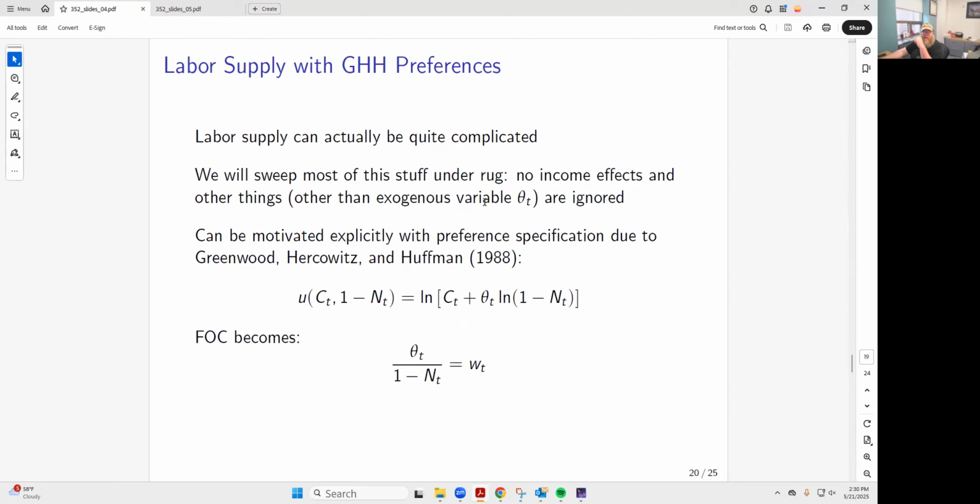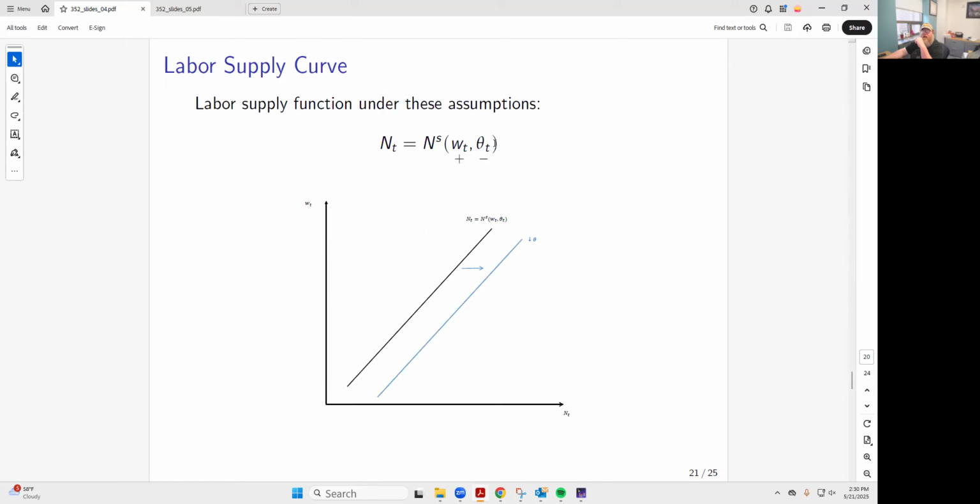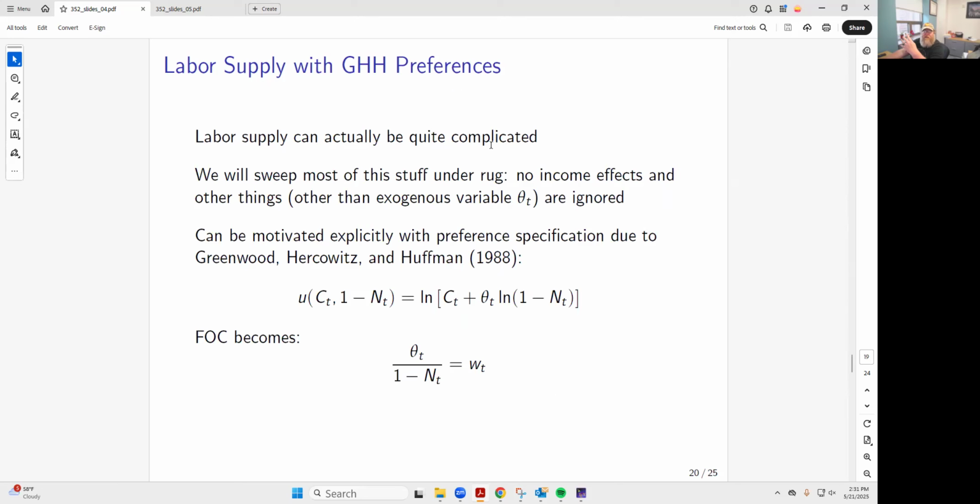And then the idea here is just that we have this exogenous theta, and the theta shows up because there's just going to be some non-labor market factor that's going to affect labor supply. Okay. And so we will ignore most of the other complications, but we will allow there to be this theta_t, and the theta_t shows up here.